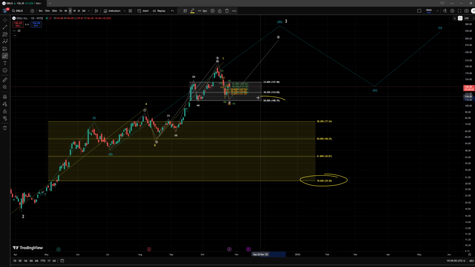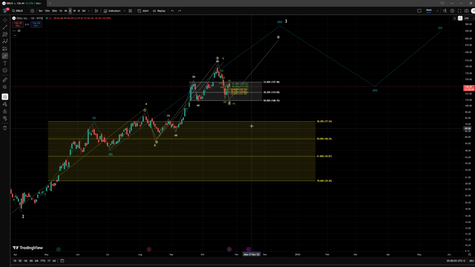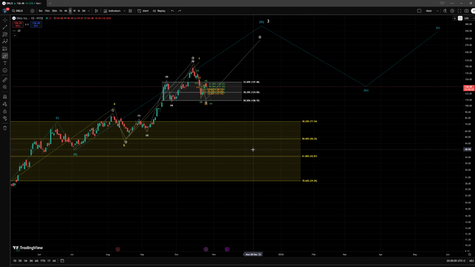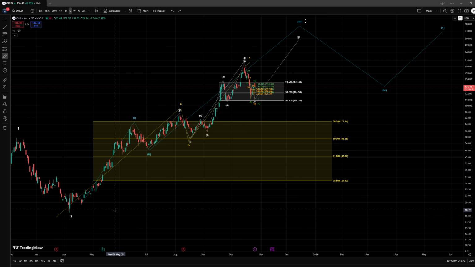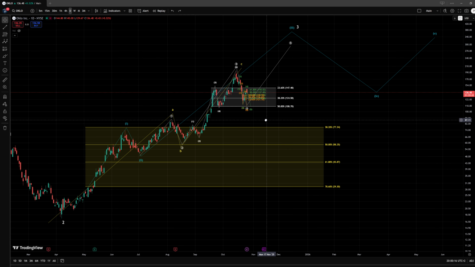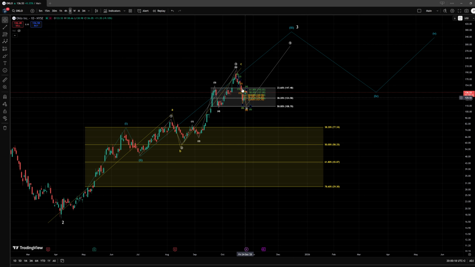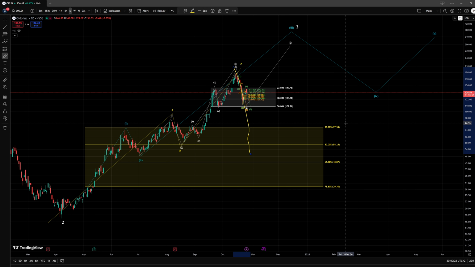So failing to hold this area of support would have quite heavy implications that further downside is extremely likely, and we could head quite deep into this correction, and quite in a sharp manner. Corrections after a diagonal structure are usually quite sharp. Not always, but it is common for them to be quite sharp, and we could push quite fast, quite deep into this area of support.